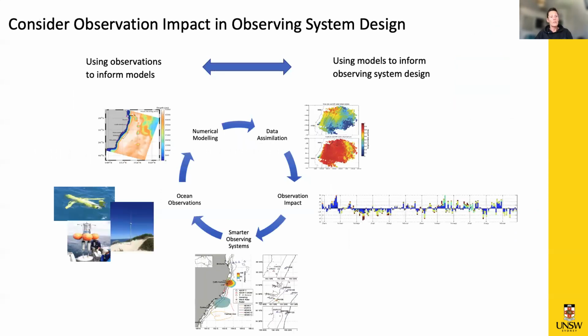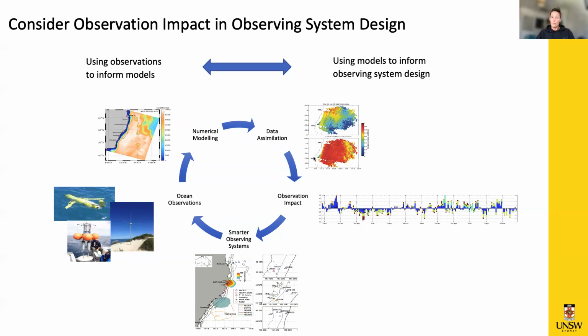So in summary, I've talked about the use of observations to inform models, but also how we've been using models in the EAC system to inform observing system design. So we've learned a lot about the EAC from both observations and numerical models.